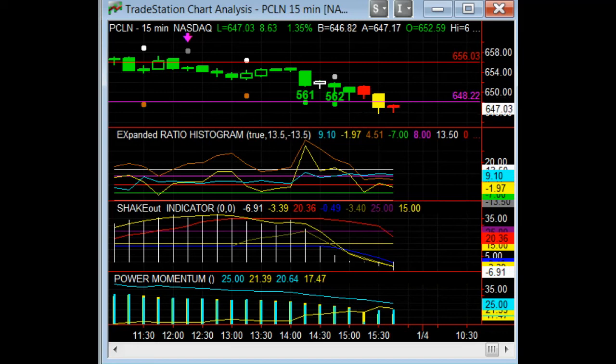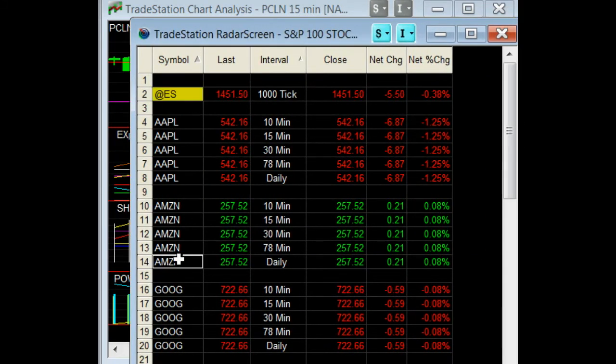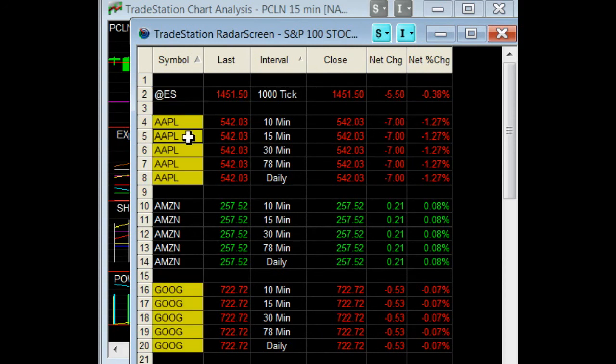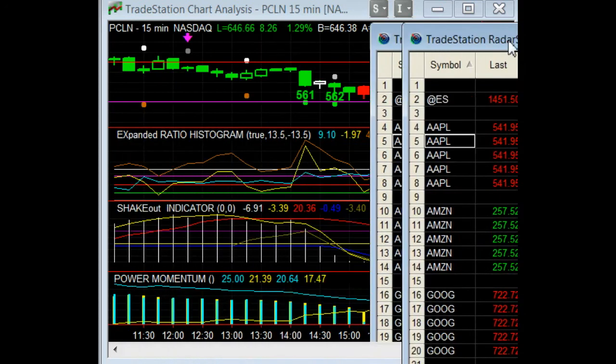You want to look at shorter time frames of Apple? Sure, we can do that real quick. Let's scroll up. I'm scrolling up here on my little machine. We'll do 15 minutes first, just to be wild and crazy.